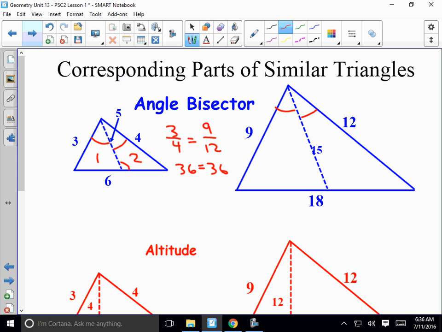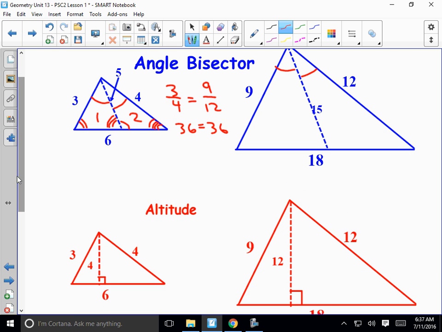I've got an obtuse angle here, and I've got 3 acute angles here, here, and here. And we don't know anything about those. But let's test a similarity statement and see if that works.